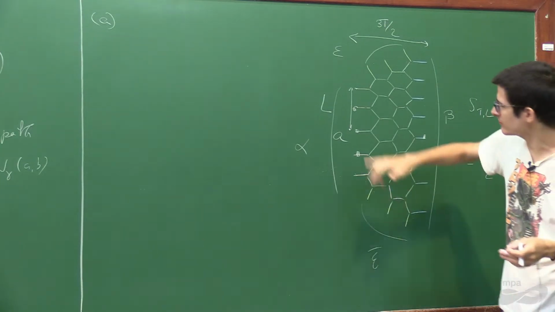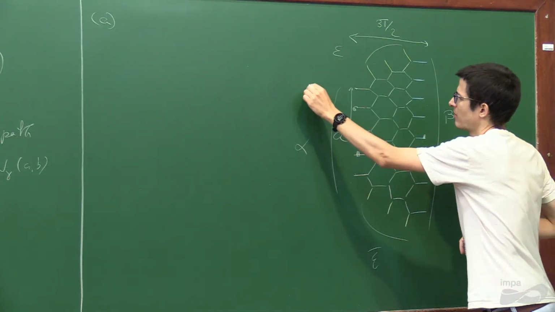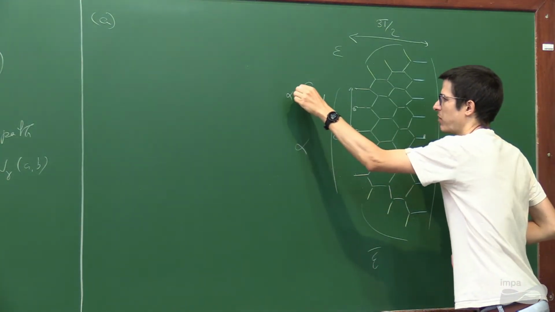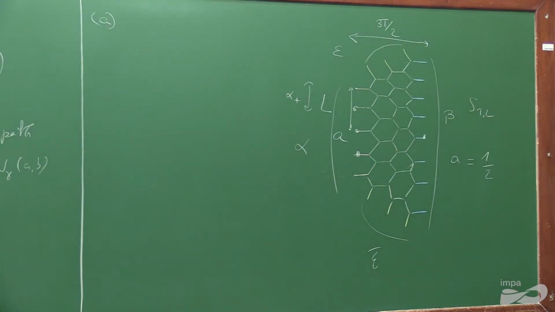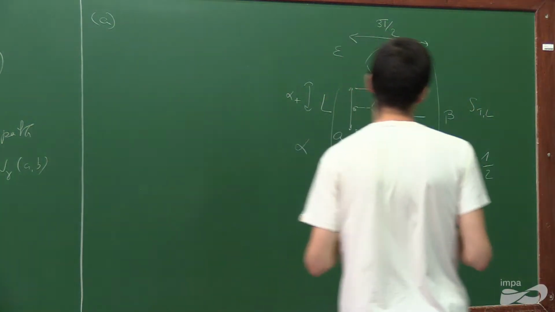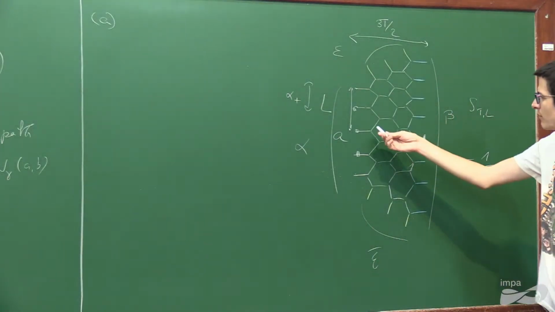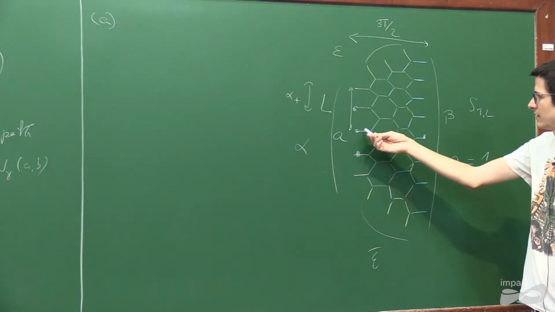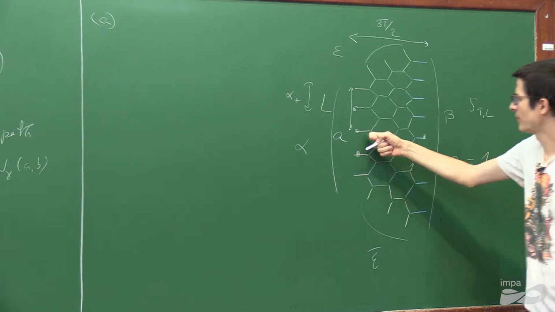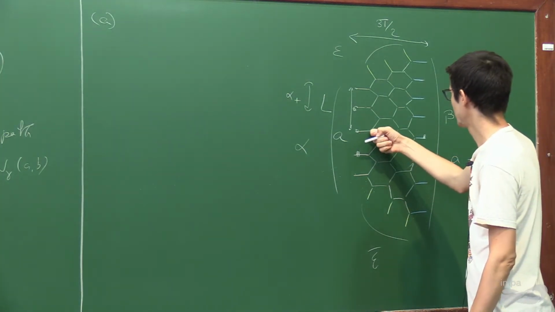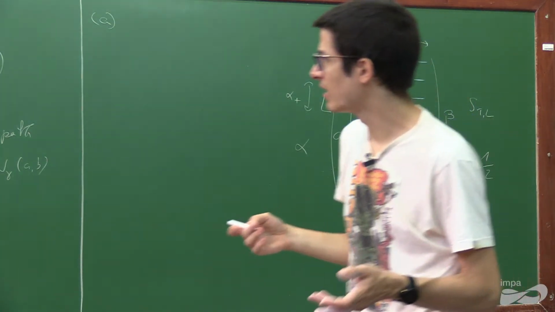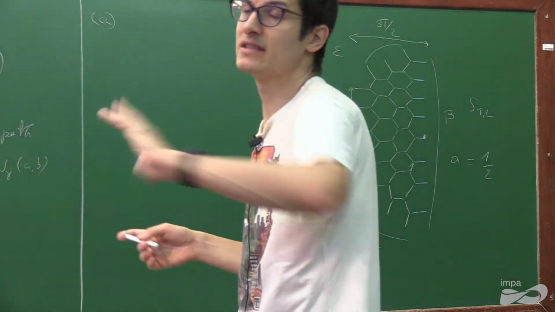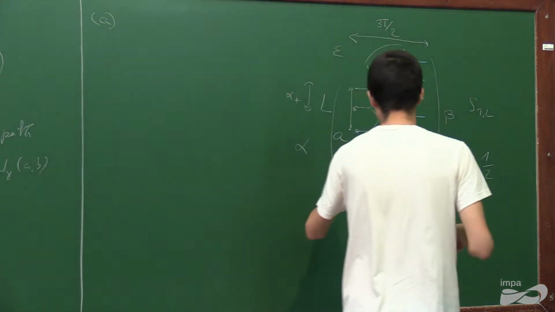Let me call this part alpha plus, if you want. What I want to say is that first, if you consider a path from A to alpha plus, and if you symmetrize it, then you get a path from A to alpha minus.